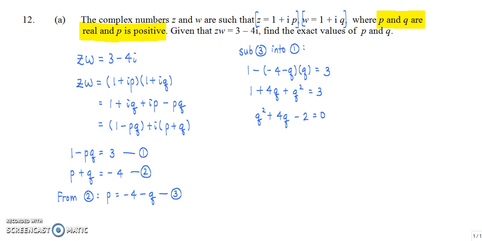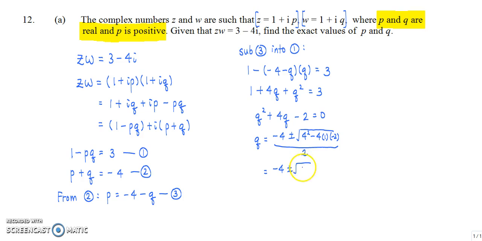If this quadratic equation can't be factorized, we apply the quadratic formula. The quadratic formula says q equals negative 4 plus minus the square root of 4 squared minus 4 times 1 times negative 2, the whole thing divided by 2. You get negative 4 plus minus the square root of 4 squared plus 8.